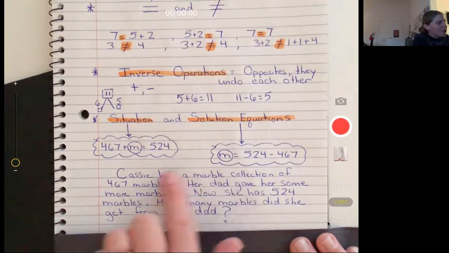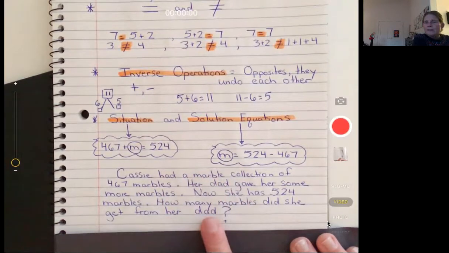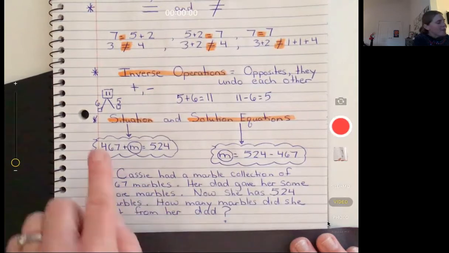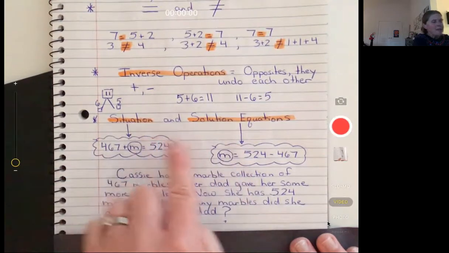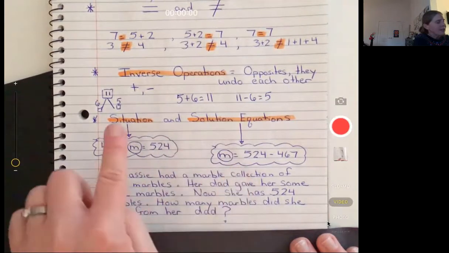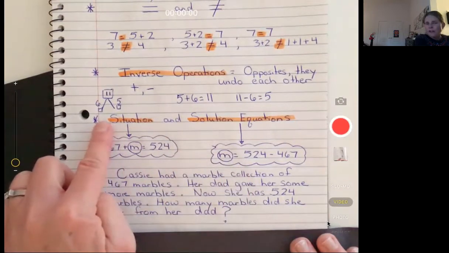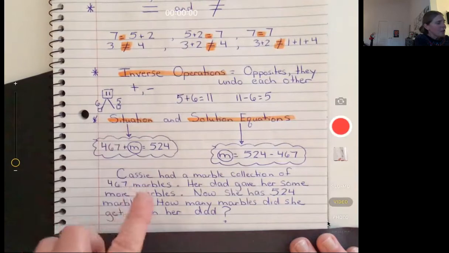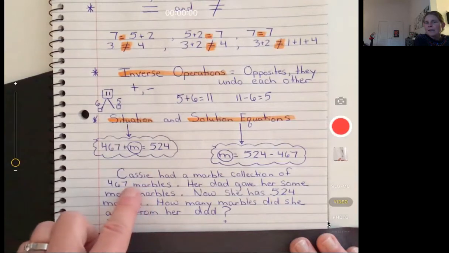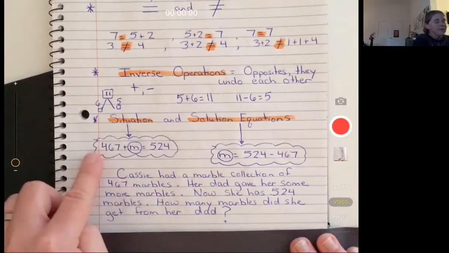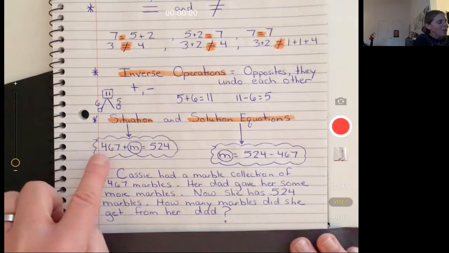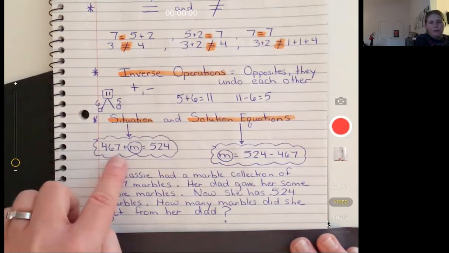Okay, you all could read this and you all could make your equation to solve it. There are two different types of equations. Here's something called a situation equation. That means what's happening in this real life word problem. This is what the situation equation looks like. Cassie has 467 marbles.